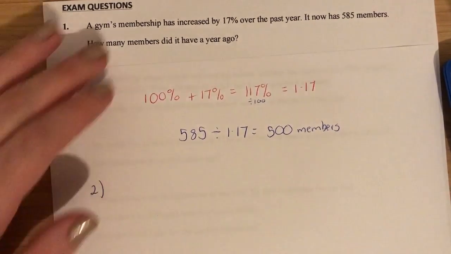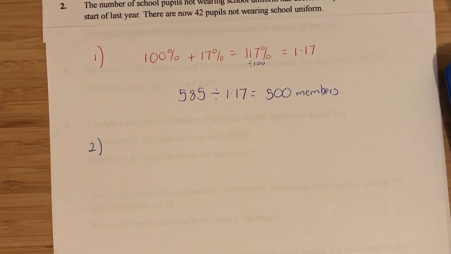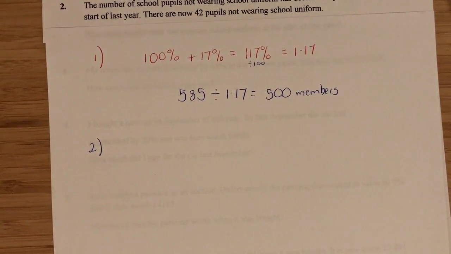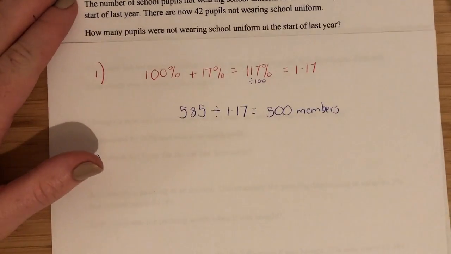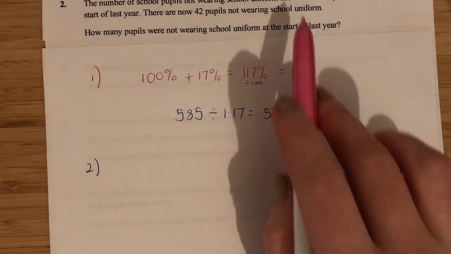Question number 2. The number of school pupils not wearing school uniform has decreased by 72% since the start of last year. There are now 42 pupils not wearing school uniform. How many pupils were not wearing school uniform at the start of last year? Remember, we're going to deal with the reverse bit when we divide. The first bit, you still want to do the decrease.